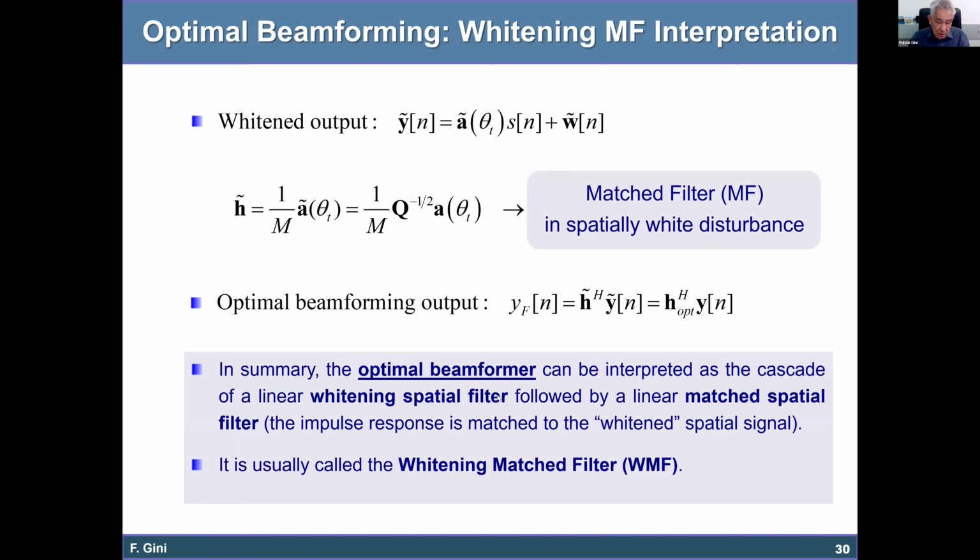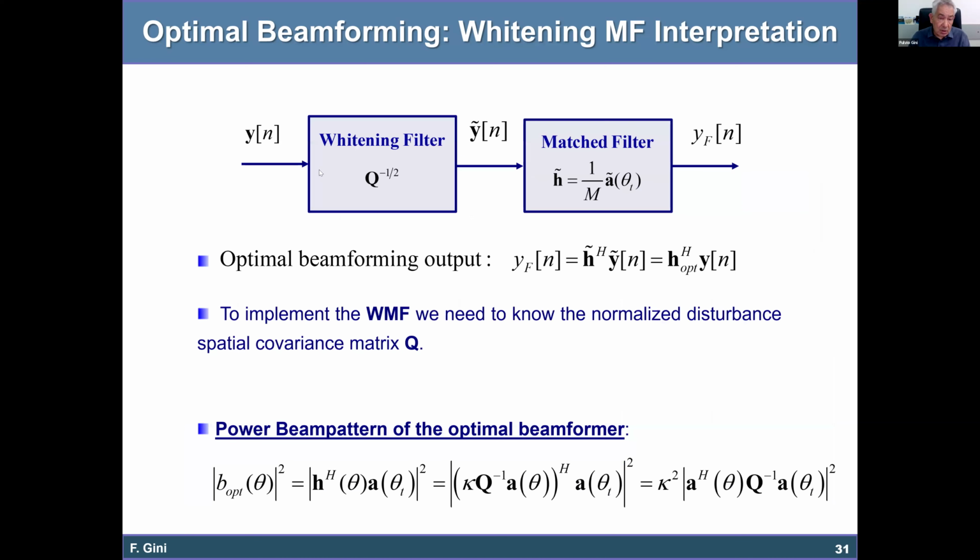So in other words, the output of the optimal beamformer can be interpreted as the cascade of these two linear filters. The first one is a whitening filter. So if the disturbance is correlated, the first thing that we do is we whiten the data.